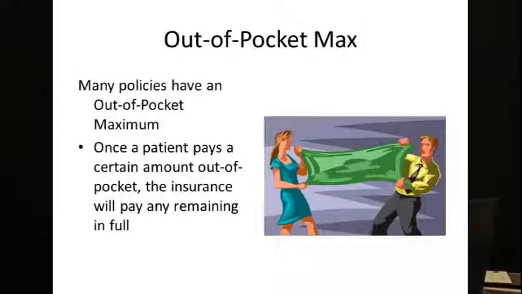Okay, the next term I want you to get familiar with is called out-of-pocket max or maximum. What this is, is a part of your policy that limits the amount of out-of-pocket expense that you would have. This is to cover the patient in case of a catastrophic type event.